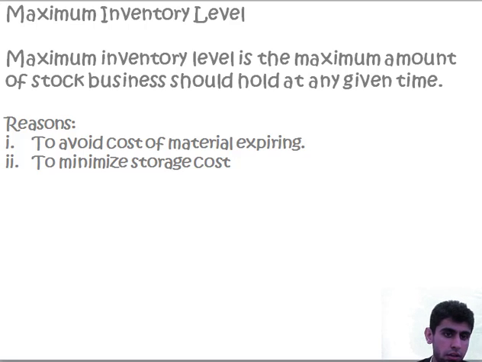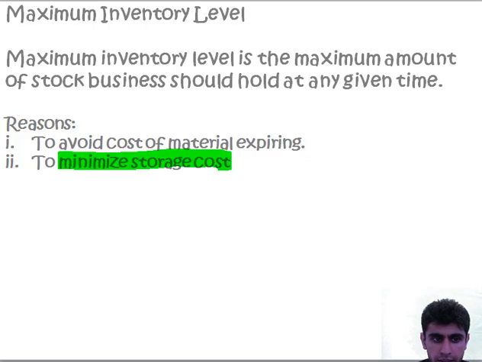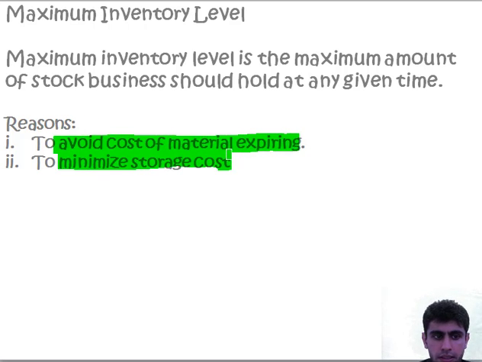So a business cannot afford to have a huge amount of stock of fruits or vegetables that are going to expire in the next few days, right? So it's better to order fresh fruit and vegetables than holding a lot of this material at any given time, to minimize the storage cost. So these are the two reasons why a business wants to have a maximum inventory level.